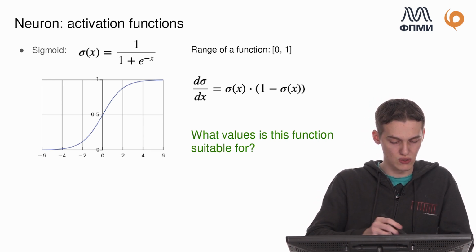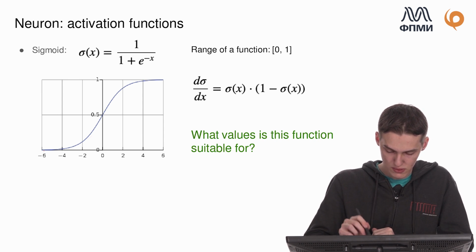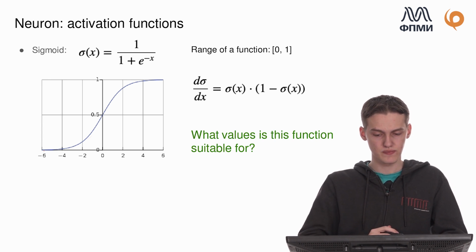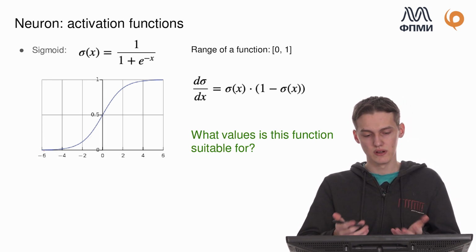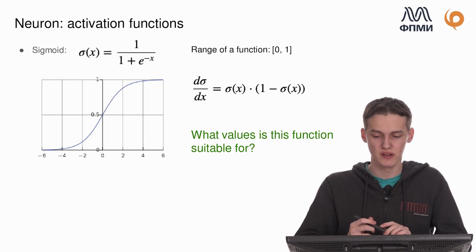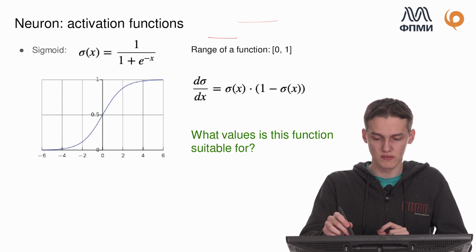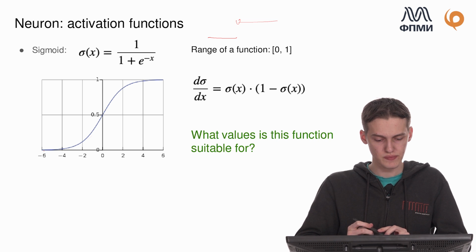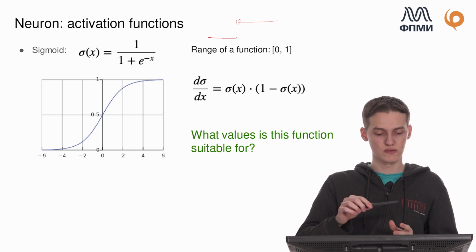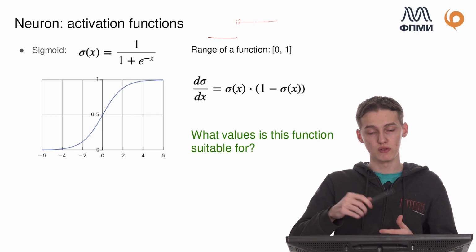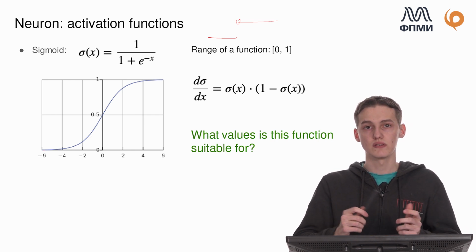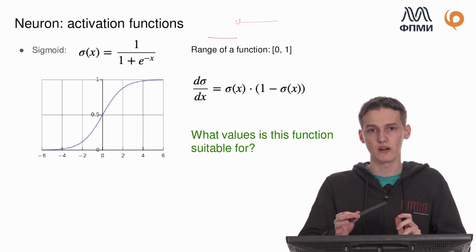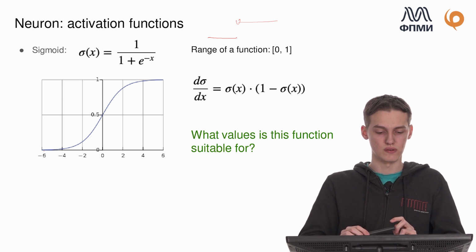It's a smooth function, goes from 0 to 1 smoothly, and actually we need to use it instead of a simple threshold function because it simply has a smoother derivative, and we can actually get smoother values, not just 0 and 1, but something between them. And the thing is that we can interpret these values somehow as the confidence of our neuron.